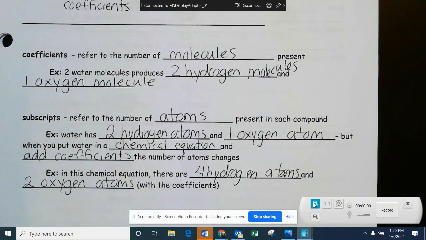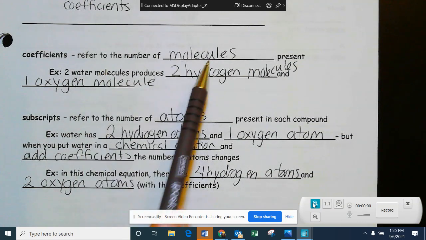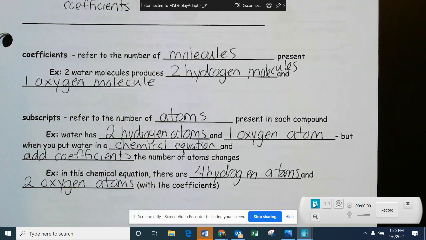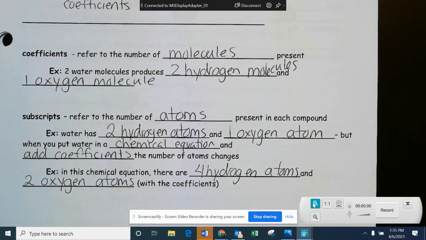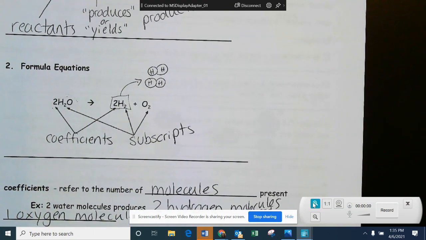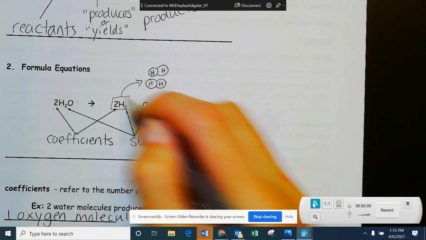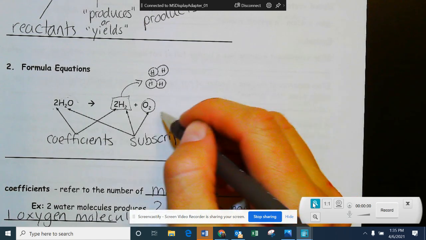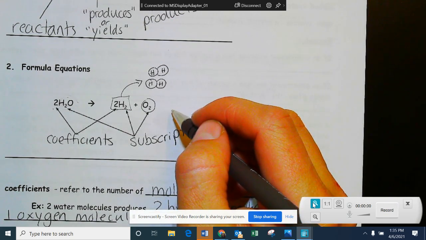Which part? Refers to the number of molecules, 2 molecules. Oh, 2 water. So this is a hydrogen molecule and this is an oxygen molecule, but we know that hydrogen and oxygen are both diatomic.